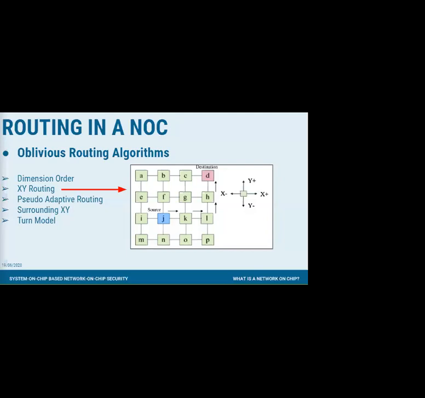In XY routing, a packet uses the X directional link first before using the Y directional link. An example includes these three paths taken by XY routing in a mesh, shown here as well. Adaptive routing takes network states such as congestion, security, and reliability into account and takes the flit through different paths based on the current state of the network.